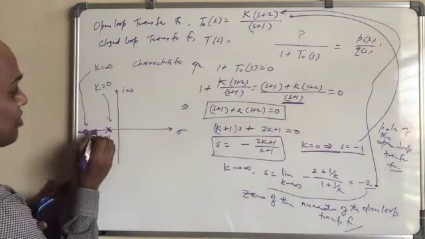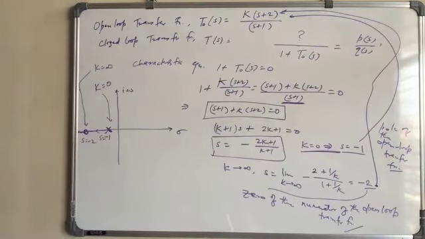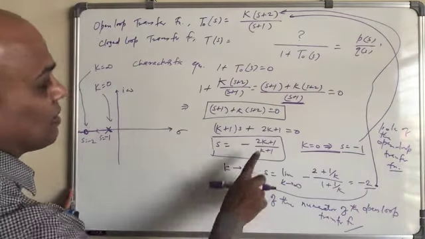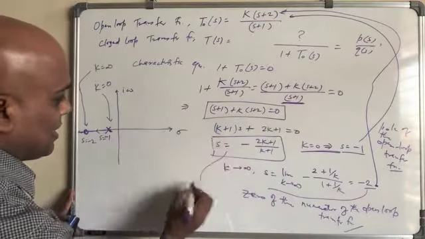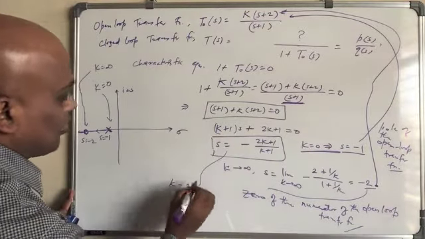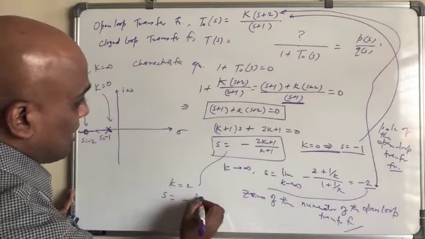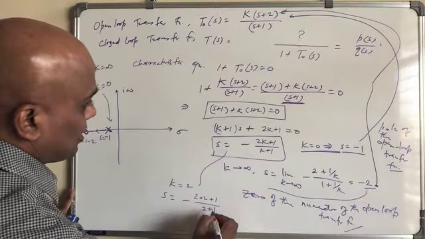And the value moves like this. It goes from here. So what you see here, if you have an intermediate value, let us say we have k equal to 2, so you can check it. Okay, k equal to 2 now. So s equal to minus, 2 times 2 plus 1, and then 2 plus 1.